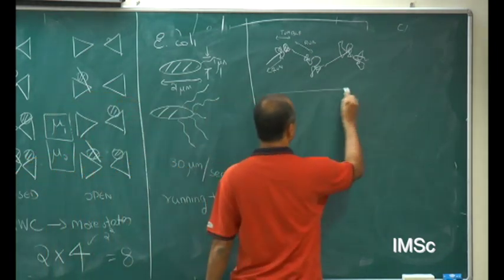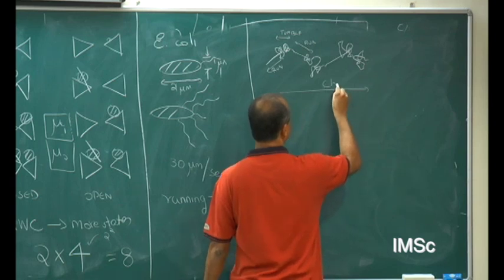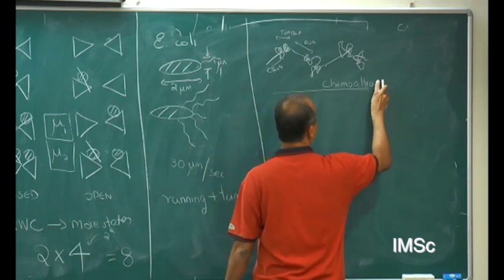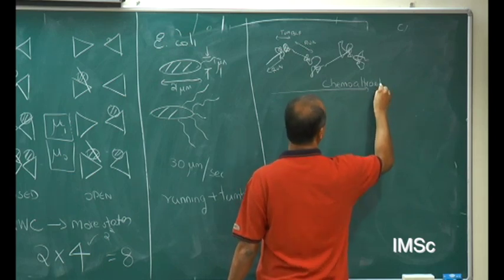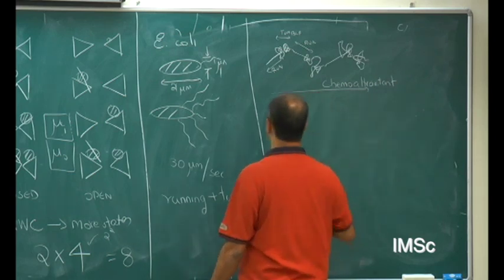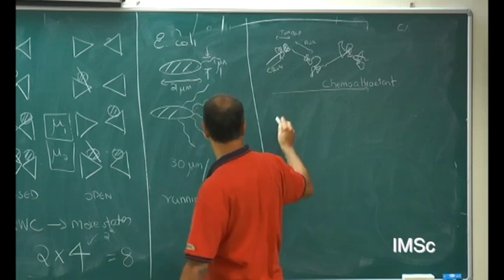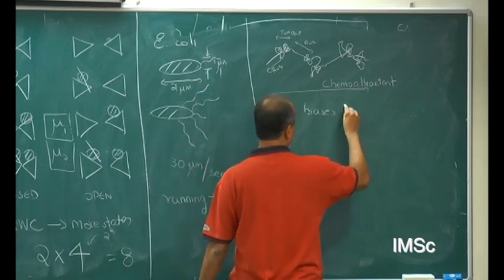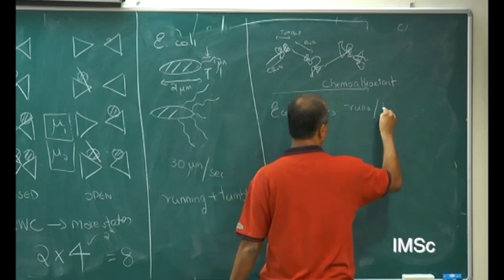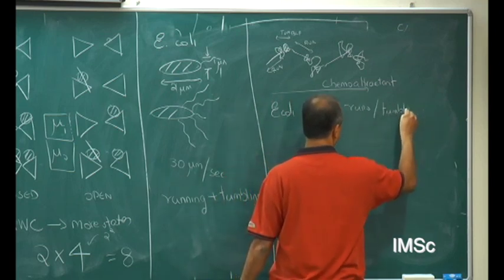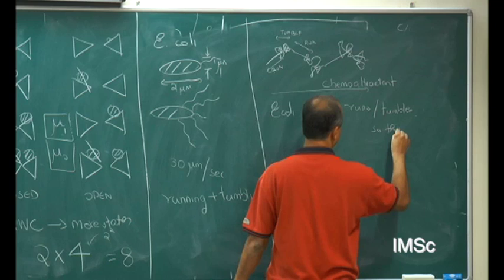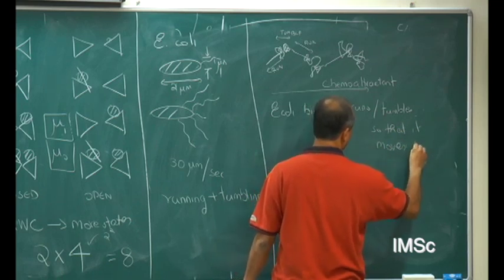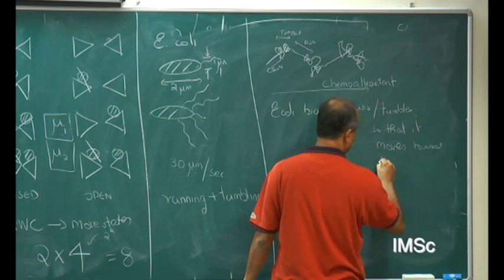If there is some food that is present, so let me suppose there is some chemoattractant, then E. coli biases the ratio of runs to tumbles so that it moves towards the attractant.